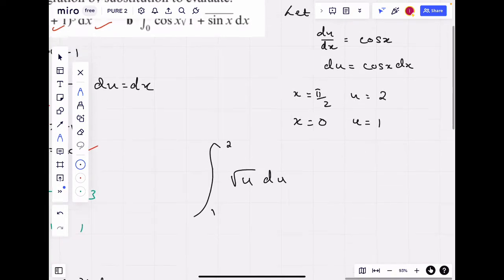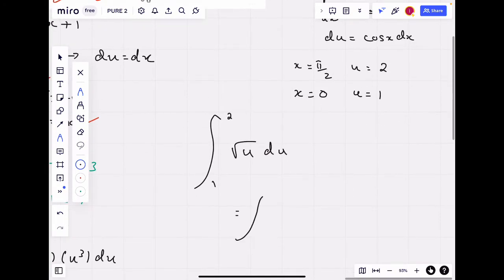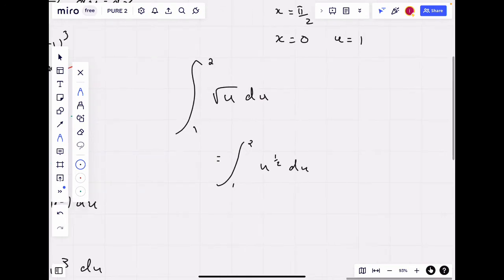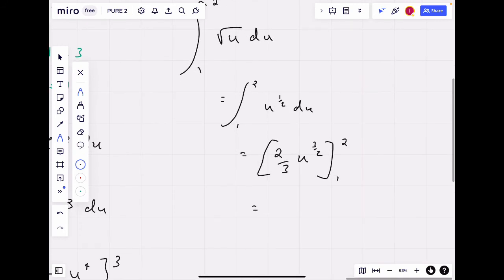That's it. So from 2 to 1, u to the power of a half du. So 2 over 3 u to the power of 3 over 2, from 2 to 1. Substitute, minus 2 over 3, 2 root 2 minus 1 inside form. There you go. That is integration by substitution.